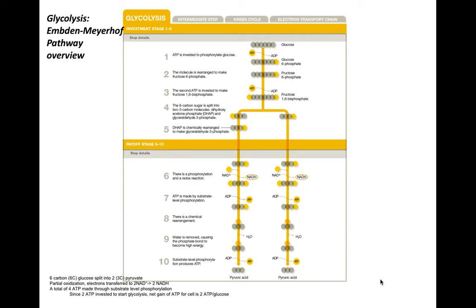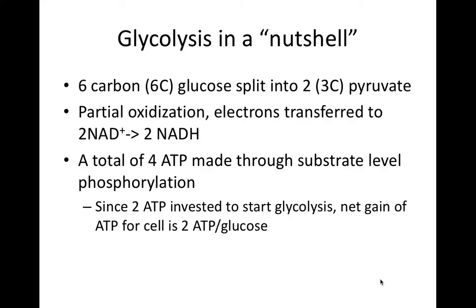But to get this whole process started, the cell has to use 2 ATP. So we say the net gain of ATP for the cell is 2 ATP per glucose in glycolysis. Okay, and again, this is just the key points that you would want to remember for our next lecture exam.